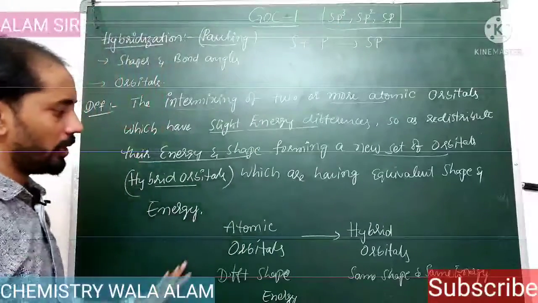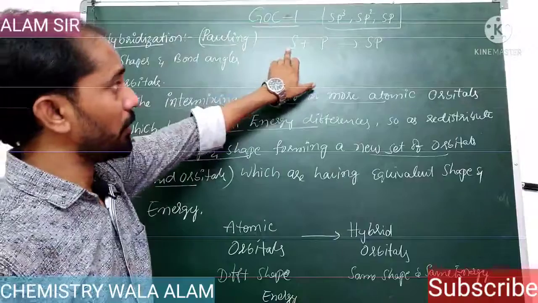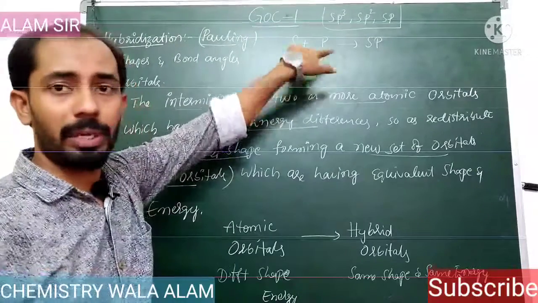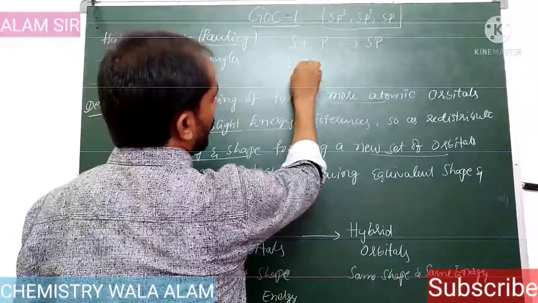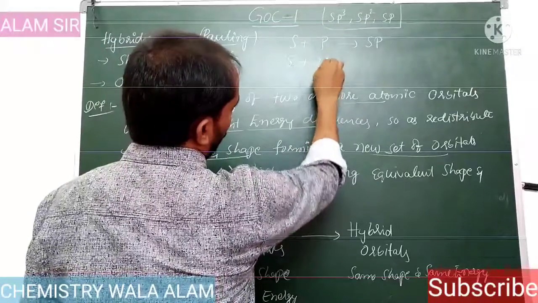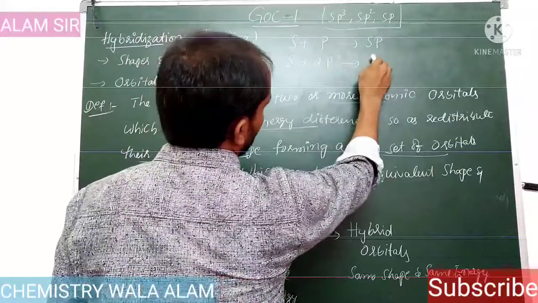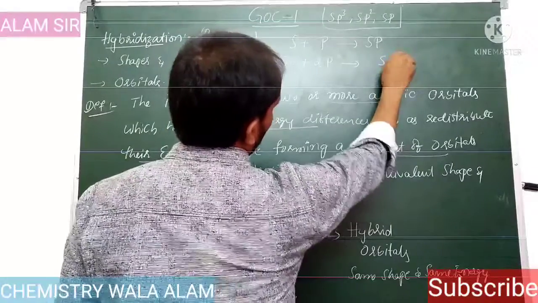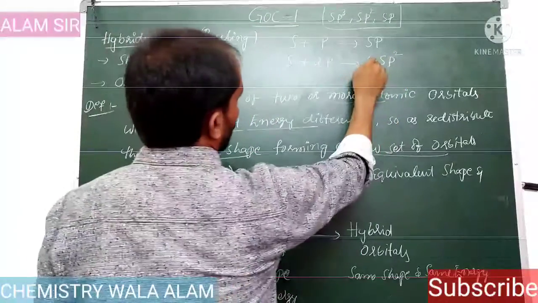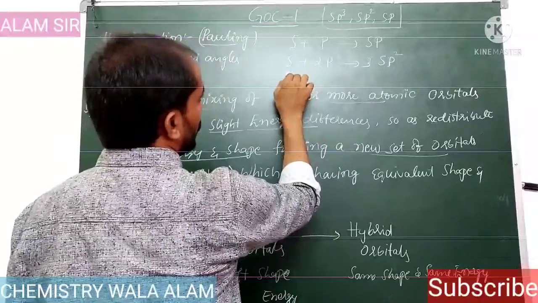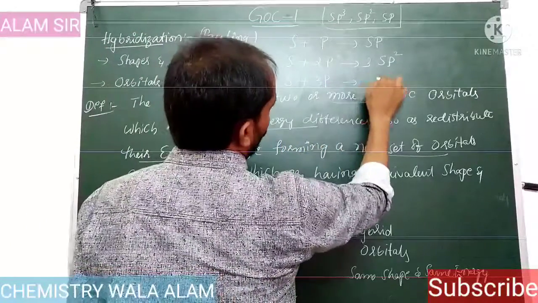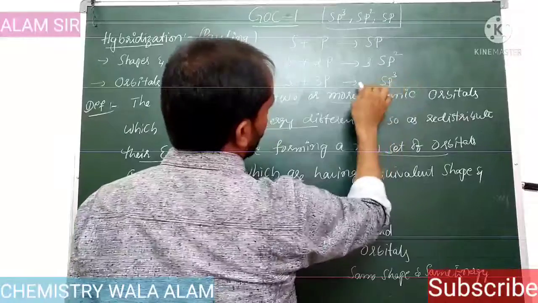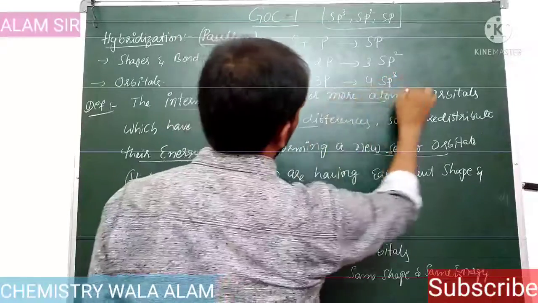Intermixing of one s orbital and one p orbital gives rise to sp orbitals. Intermixing of one s orbital and two p orbitals gives sp2 hybridization. Here 2 plus 1 is 3. Next, one s orbital and three p orbitals give sp3 hybridization orbitals, so totally 4.